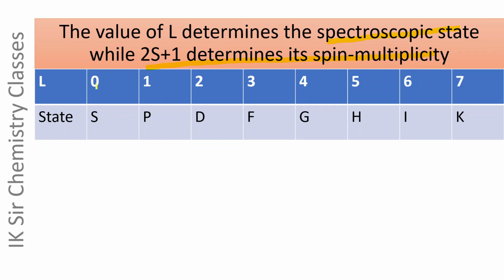If the value of L is 0, the spectroscopic state of the atom or ion is S, and similarly, the spectroscopic state may be P, D, F, G, H, I, K, not J, because J is another quantum number, and in order to avoid any confusion, the spectroscopic state is written K for L equals 7.